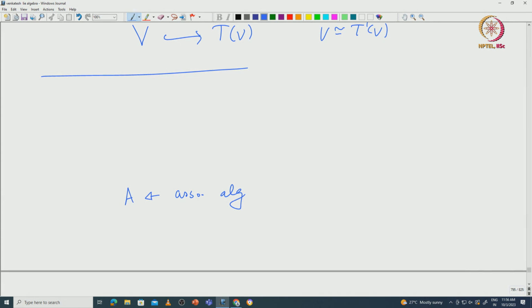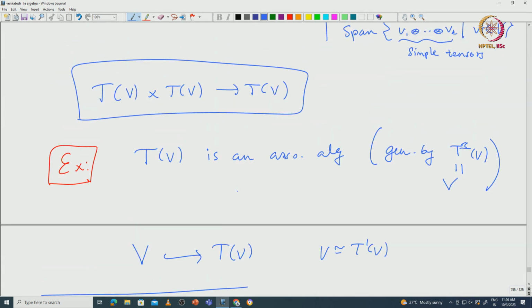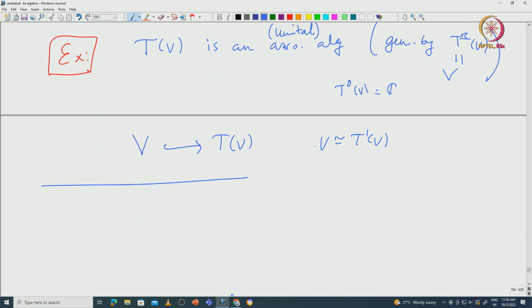Maybe we can make it unital, because T^0 V is the complex numbers. It also happens that this becomes unital, but that is not important.